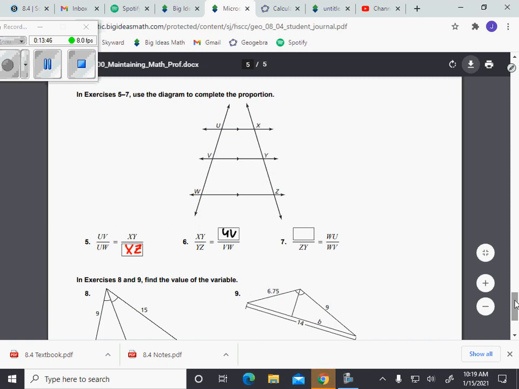Number 7, blank over ZY is equal to WU over WV. So what is it? It's going to be ZX.